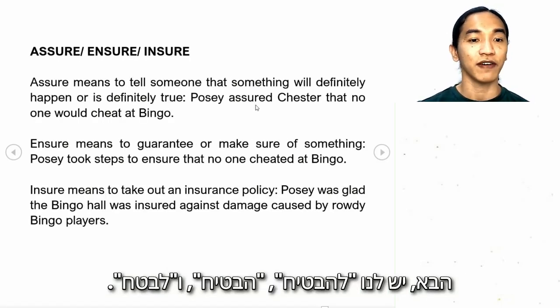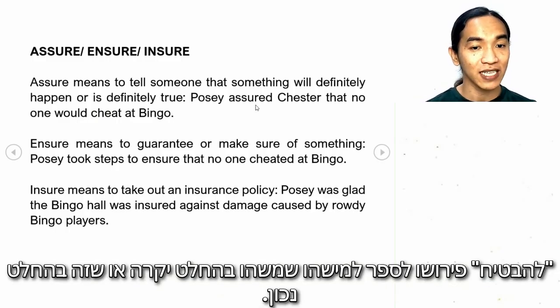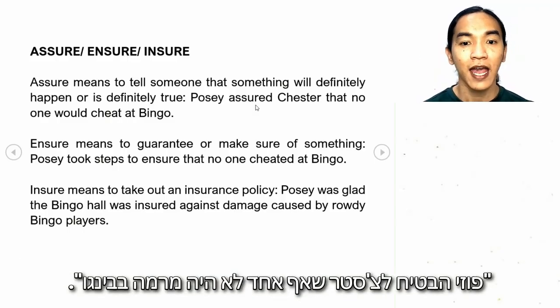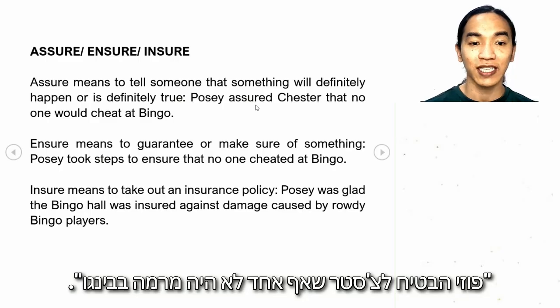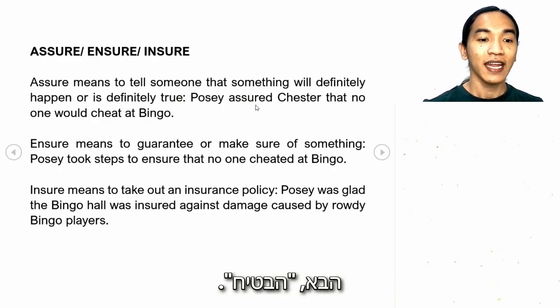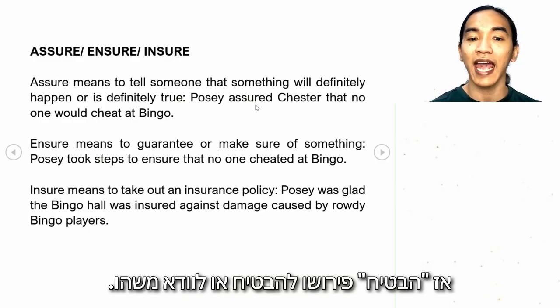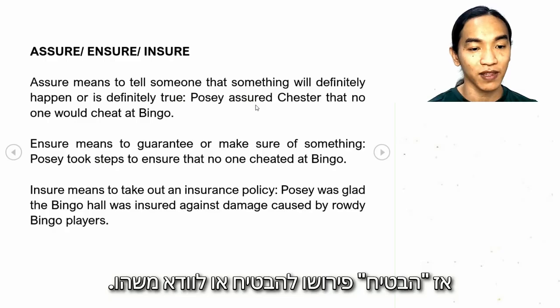Next one, we have assure, ensure, and insure. Assure means to tell someone that something will definitely happen or is definitely true. Okay? Posey assured Chester that no one would cheat at bingo. Okay? Next one, ensure. So, ensure means to guarantee or make sure of something.